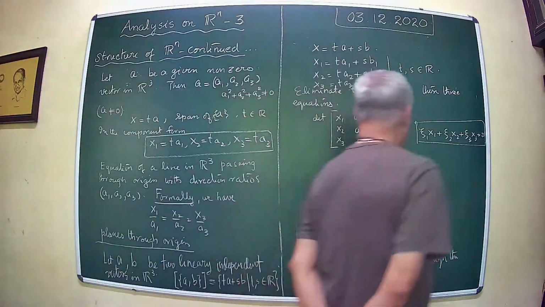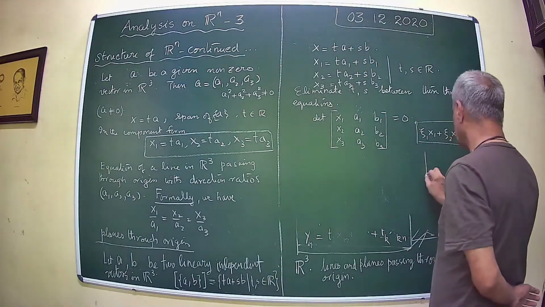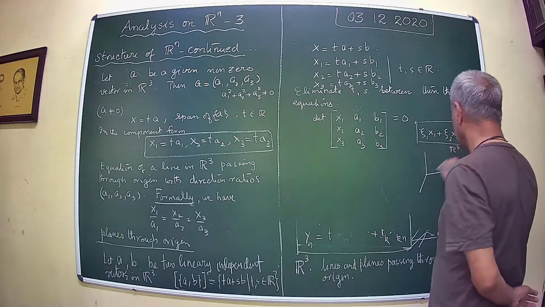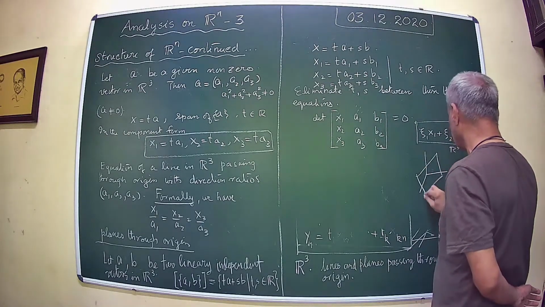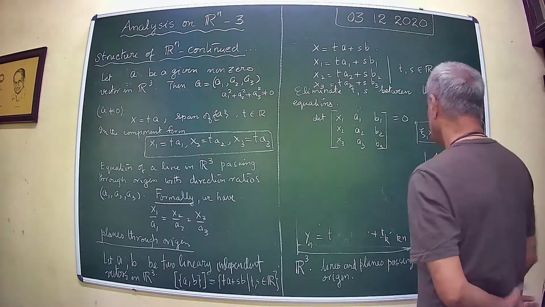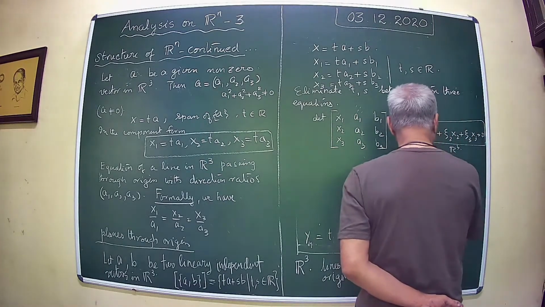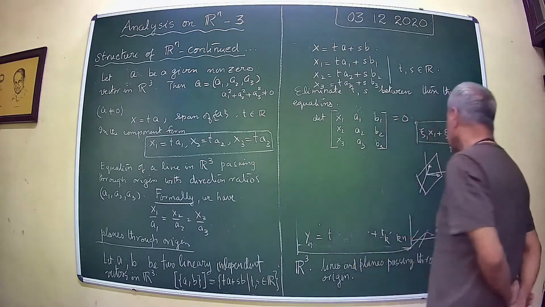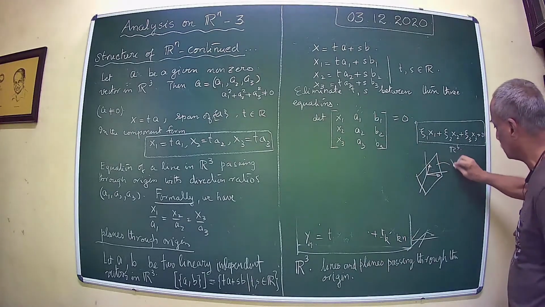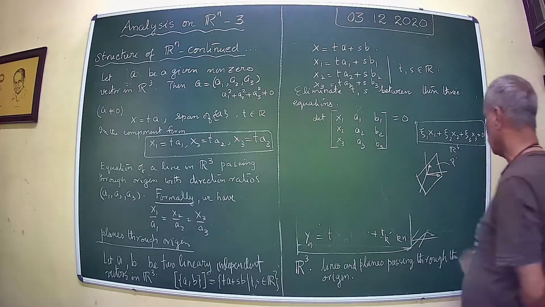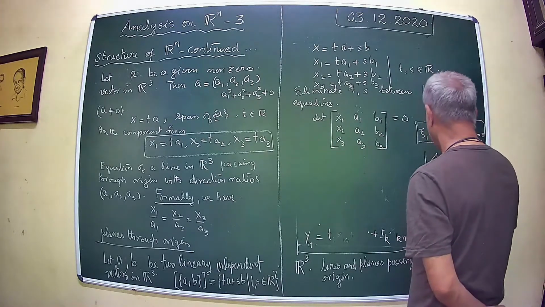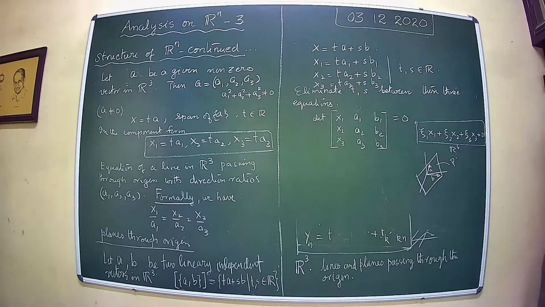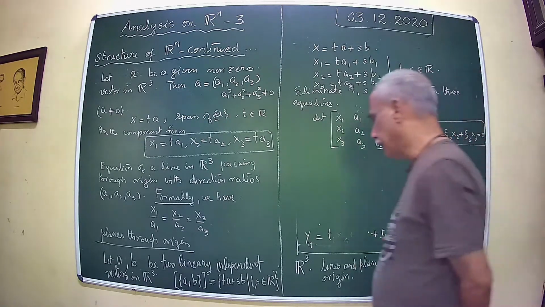Conversely, suppose you have in R3 a plane passing through the origin. Can you put it in this form? It's quite possible. You choose two vectors in R3. See, in this plane, suppose this is the plane P. So you choose A and B so that A and B are linearly independent.